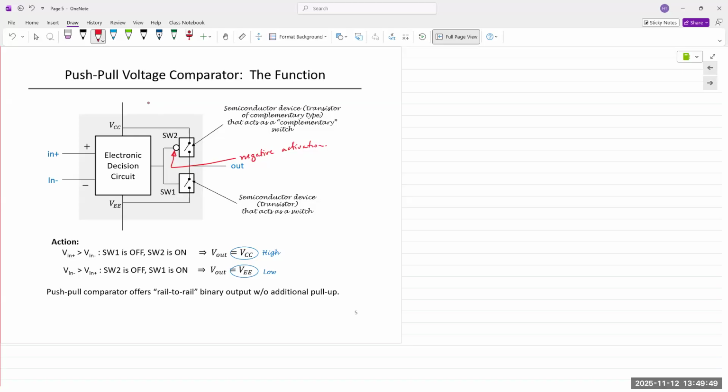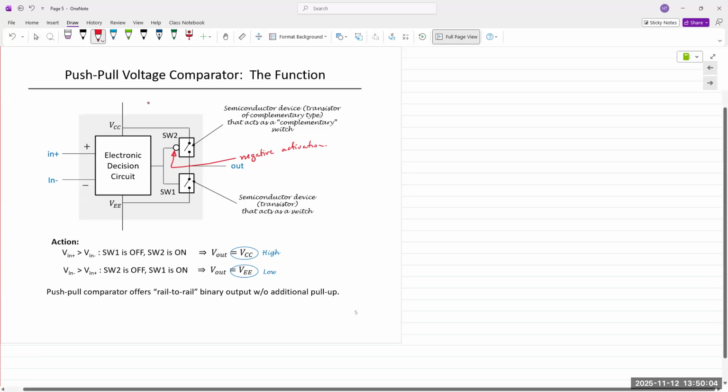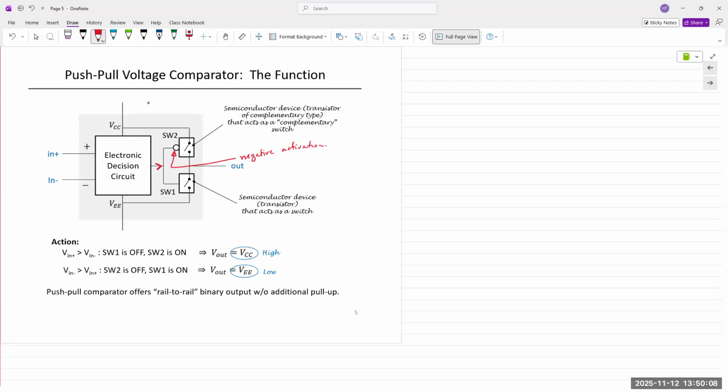Hence complementary. So if they're never both on at the same time, the output from this circuit goes into both of these switches at the same time. But based on the signal, only one of them is going to be on at a time, right?